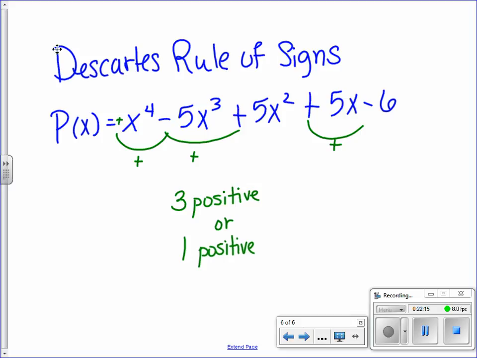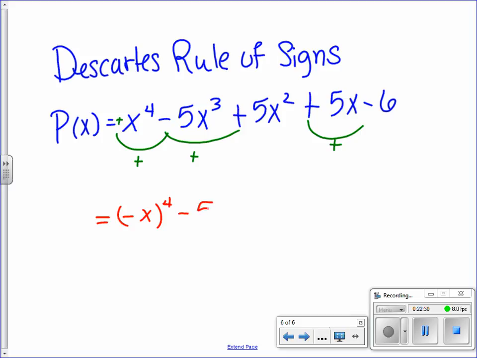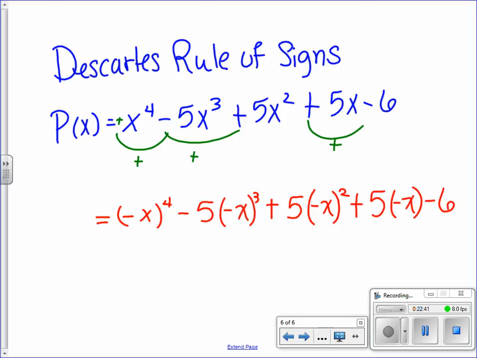That's for positives, okay? Positives, you just check the signs exactly like they are in the problem. Negatives, you have to actually put a negative through and then count sign changes. So for negatives, you're looking at negative x to the 4th minus 5 times negative x to the 3rd plus 5 times negative x squared negative x minus 6.